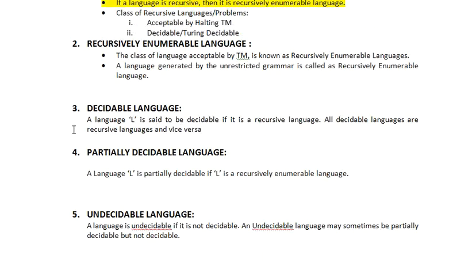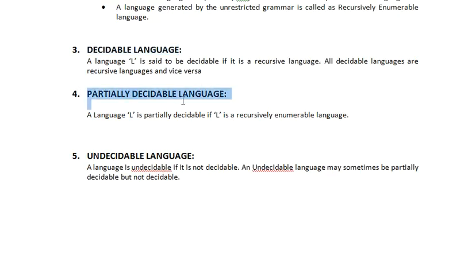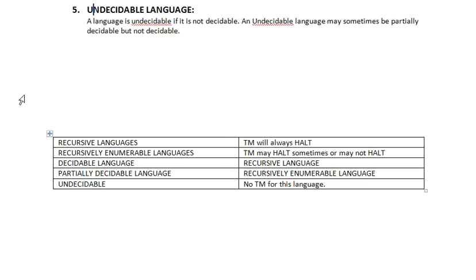Clear? And finally, we came across these sub languages, or other terminologies for these languages. The decidable language, as I've told you, is always a recursive language. Partially decidable language is always a recursively enumerable language. An undecidable language, by the term itself you can justify, means not decidable, or you are not able to solve. That means there will be no Turing machine for this kind of language. And this is the summary of your entire lecture.